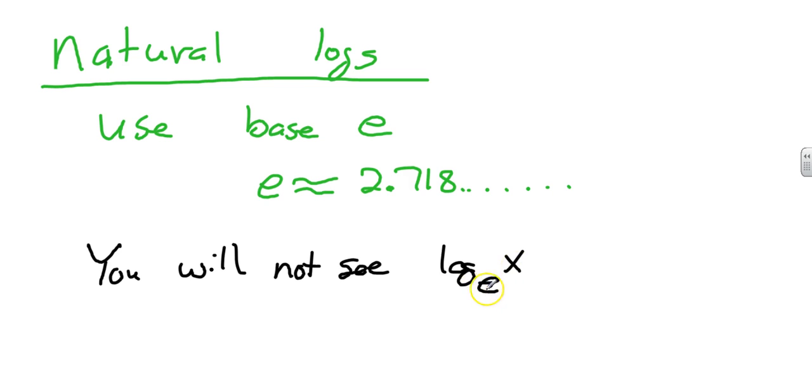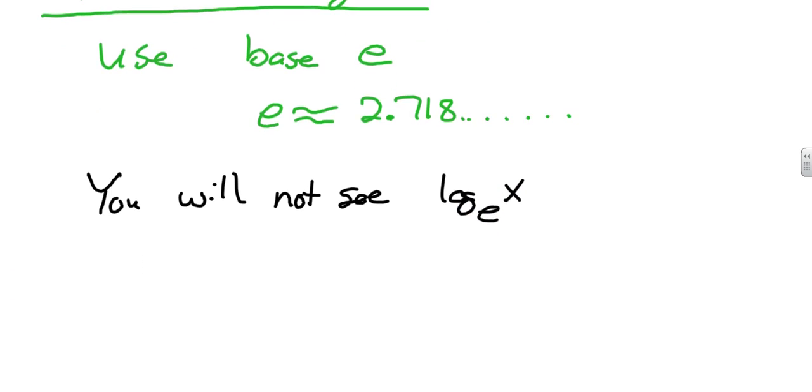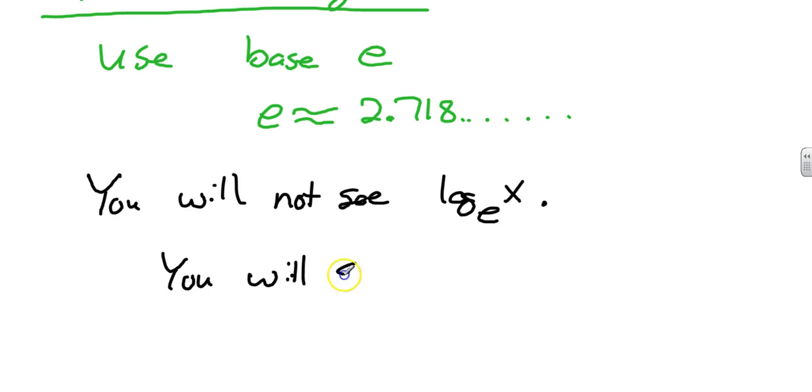Instead, they say, since this is one of those numbers that just naturally happens, we're going to put a little shortcut in here. They're just going to put ln, and then they'll put the X here. So anytime you see ln, that's the same thing as saying it's the log of base E, but it's a shortcut.